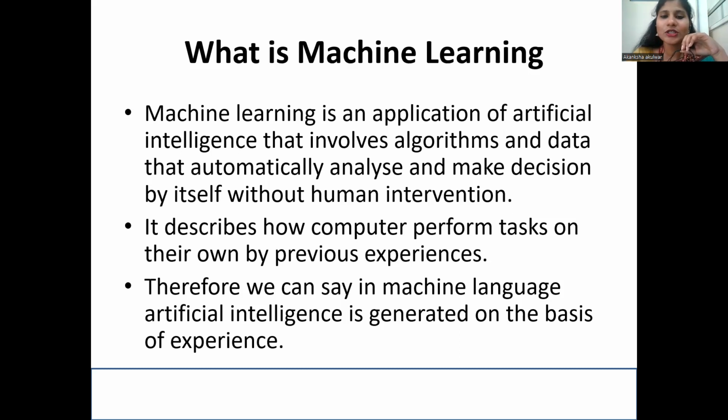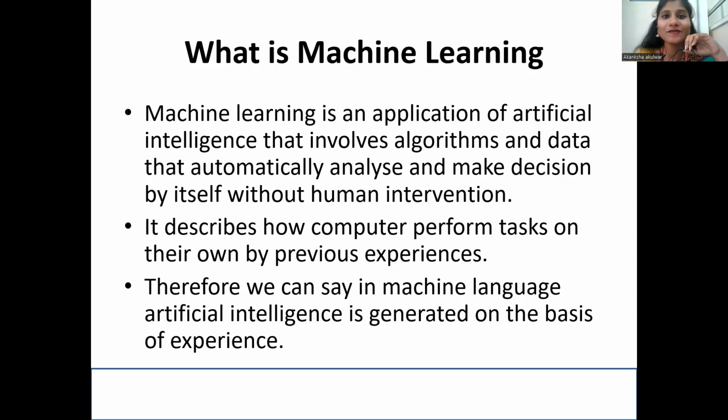That is, once the machine is trained, it can be used directly for making predictions on unknown instances. So it describes how computers perform tasks on their own by using previous experiences. Here, the previous experience is termed as training data, meaning the data we use during the training session.